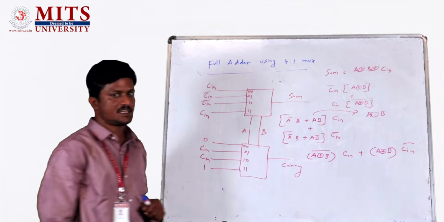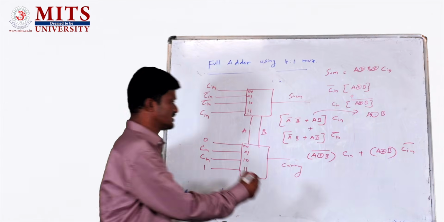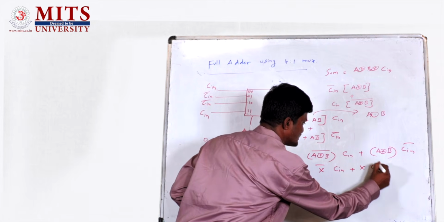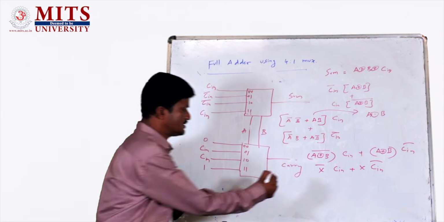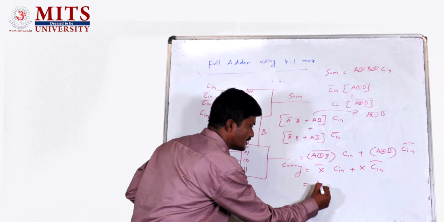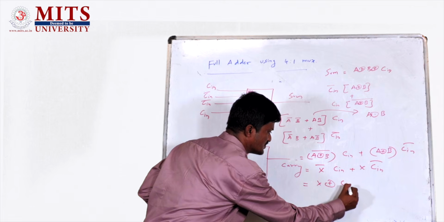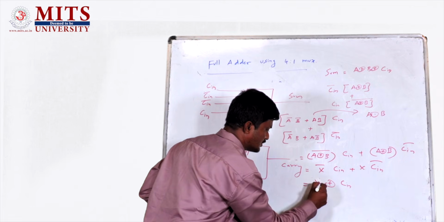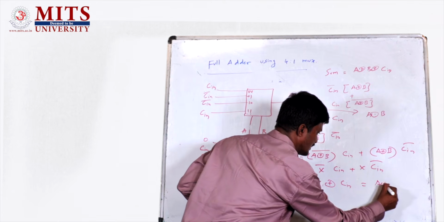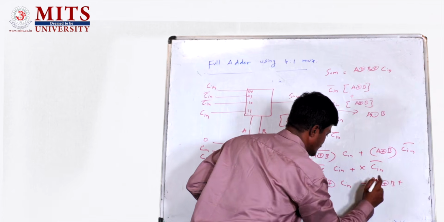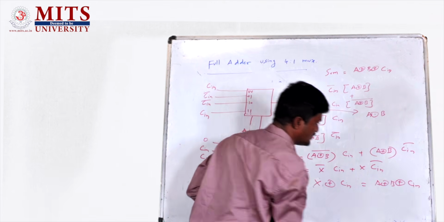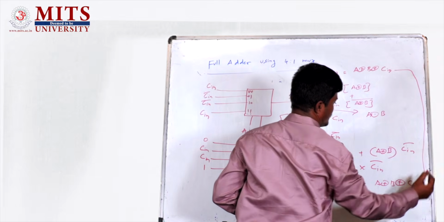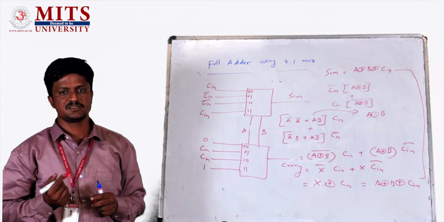Now for simplicity, I can consider A exclusive-OR B as X. So X bar Cn plus X Cn bar is nothing but X exclusive-OR Cn. Now X is A exclusive-OR B, then exclusive-OR Cn. So this is the required one, the first one. So our realization is correct.